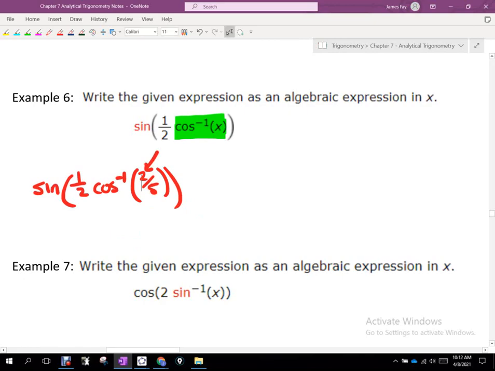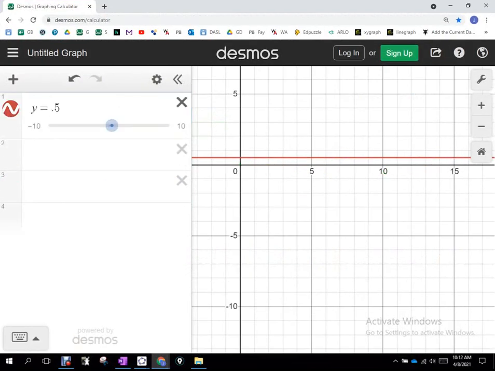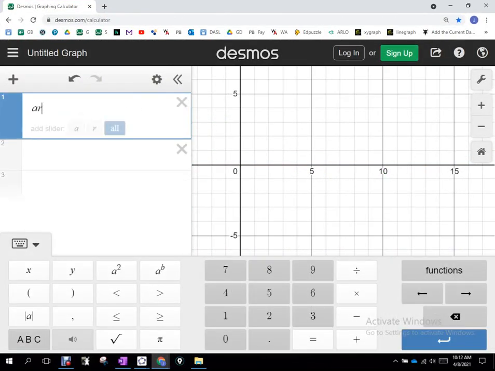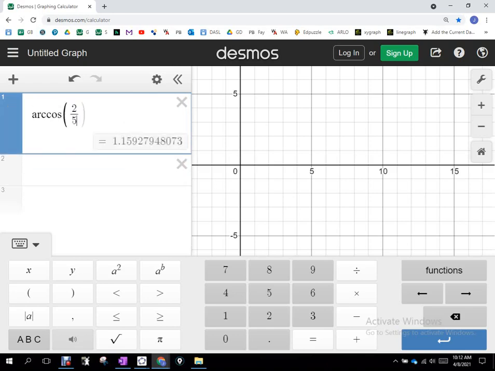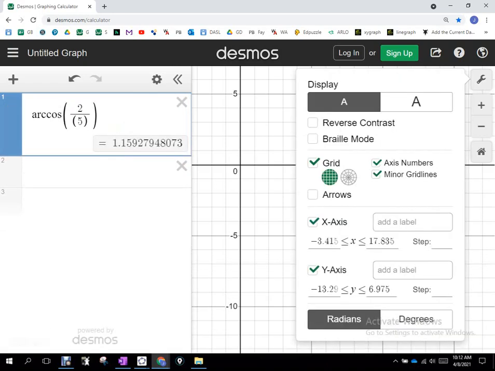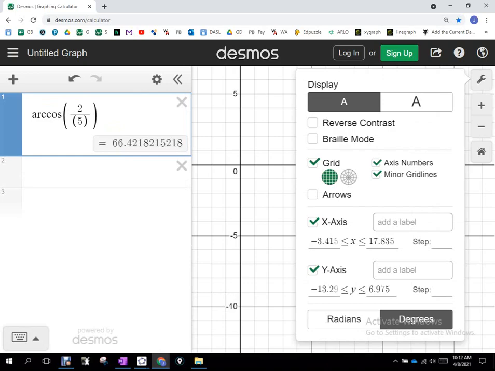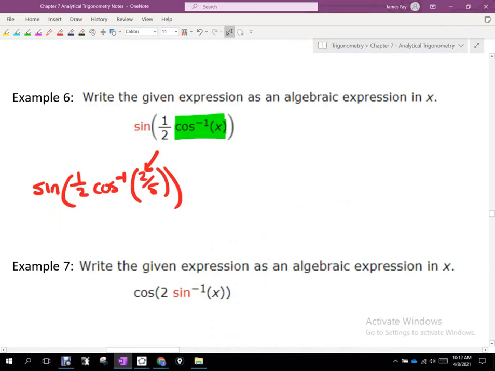Because I know that specific ratio, we should be able to take our calculator and ask it for the specific angle that goes with that, 66.4 degrees. The one thing to know is that because it's cosine inverse, that output can only be between 0 and 180, and 66.4 is.